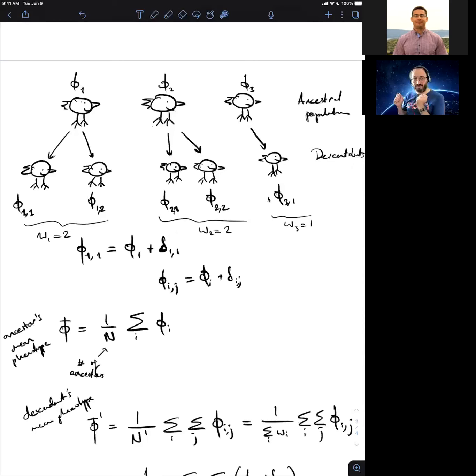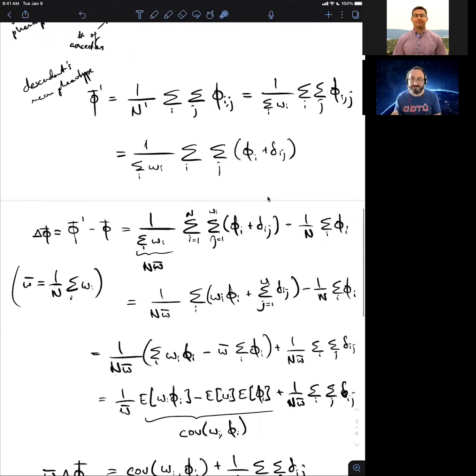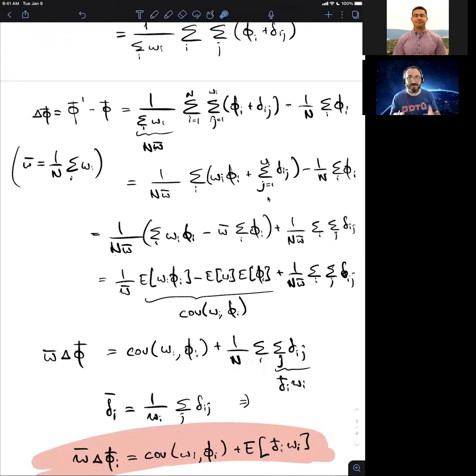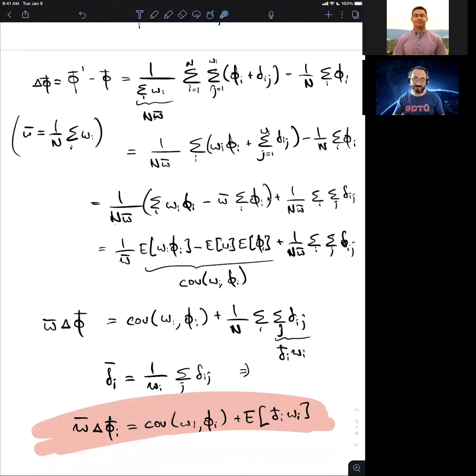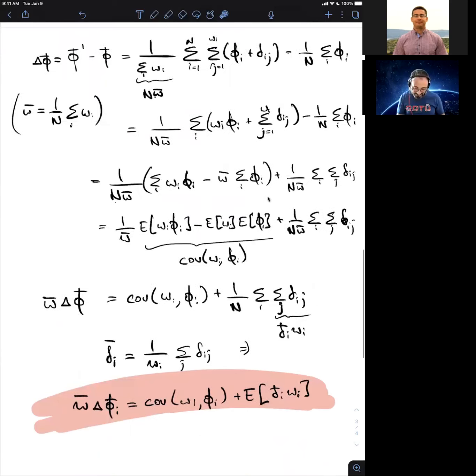When we write it down, we wrote down the mean phenotype of the descendants and the mean phenotype of the ancestors, took the difference, and then just did algebra. There's no new information in the Price equation. You could just as well calculate this and this, take the difference, and you get the same quantity as you get from the Price equation.